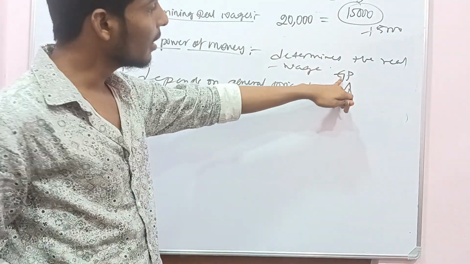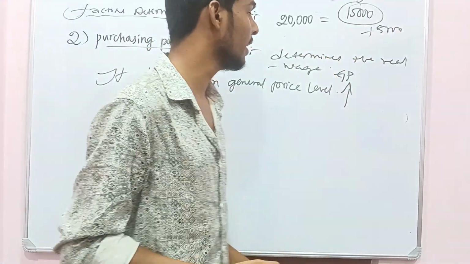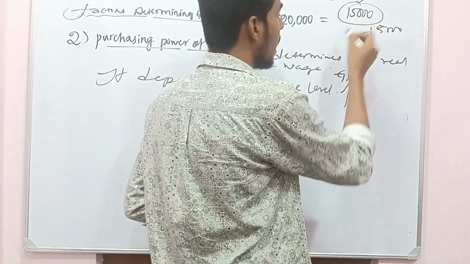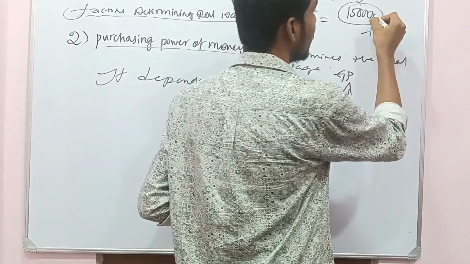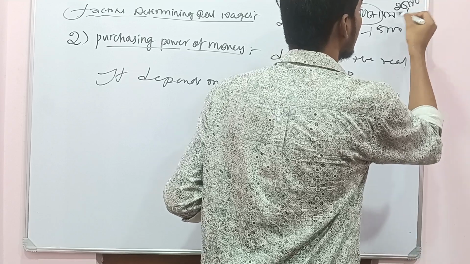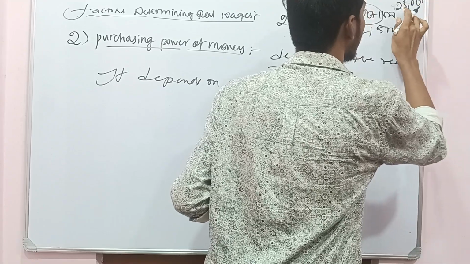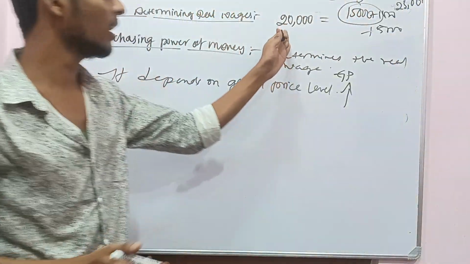When he is spending a total of 15,000 on his monthly spending, when the prices tend to increase by plus 10,000, he has to spend a total of 25,000, which is earning less.